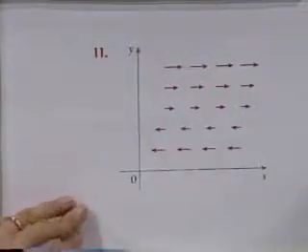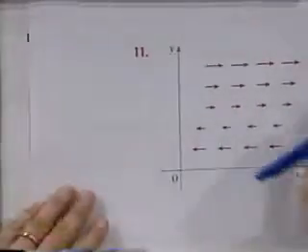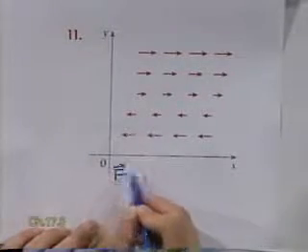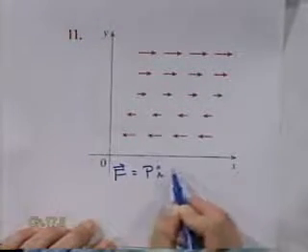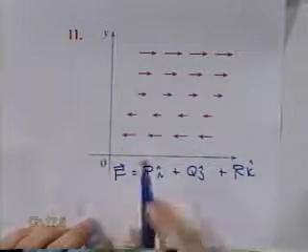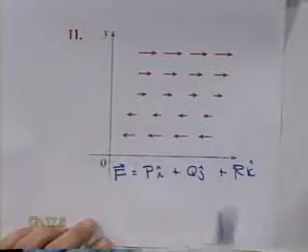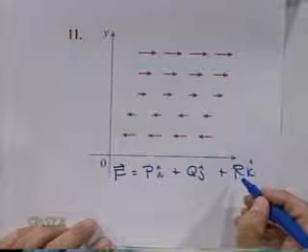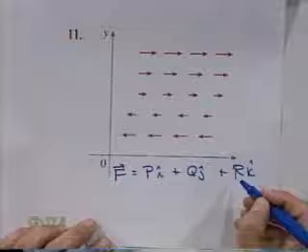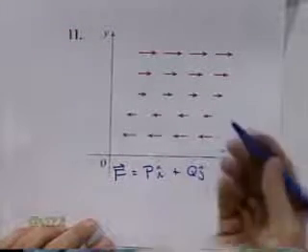Now looking at this, we could write this normally as F equals Pi plus Qj plus Rk. But look at all those vectors. Their z component is 0. What else do you know? The y component is 0, isn't it? Sure, none of them have a y component.